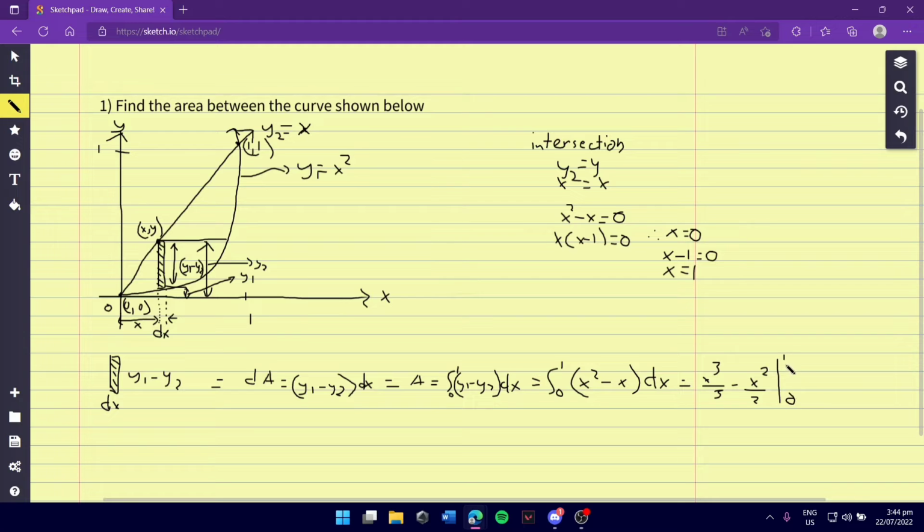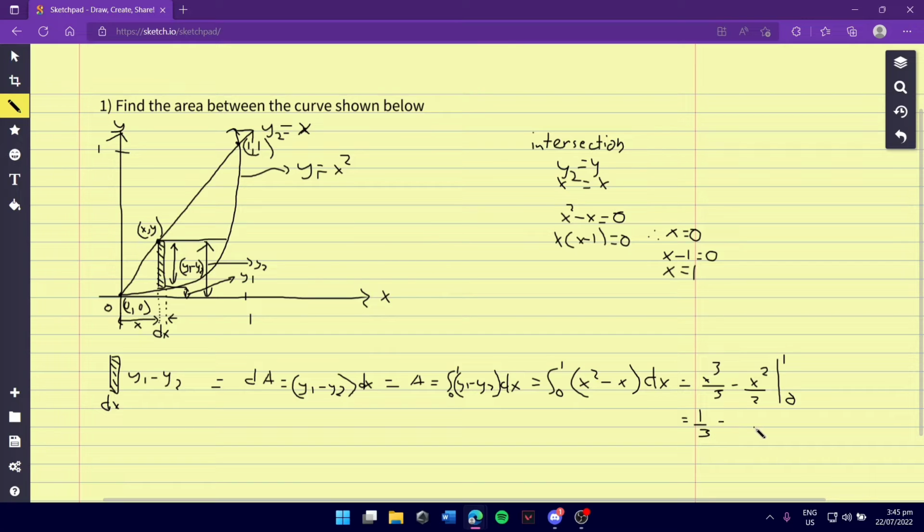Next, simplifying, 1/3 x cubed, and then distribute your 1 here. So 1 cubed is 1, times 1/3 will become 1/3.